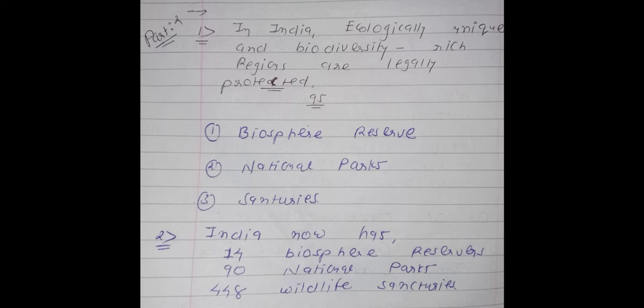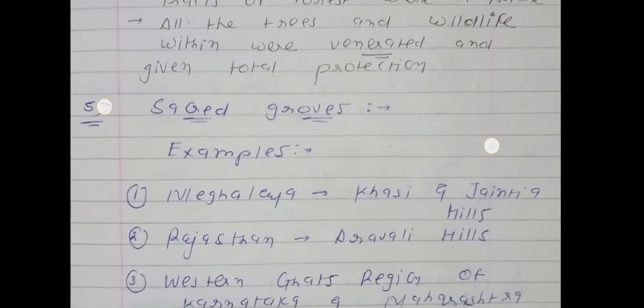If we talk about our state Gujarat, how many national parks and sanctuaries does Gujarat have? Gujarat has mainly 4 national parks: Gir National Park, Marine National Park, Vansda National Park of Navsari, and Velavadar National Park of Bhavnagar. Now see, next one.